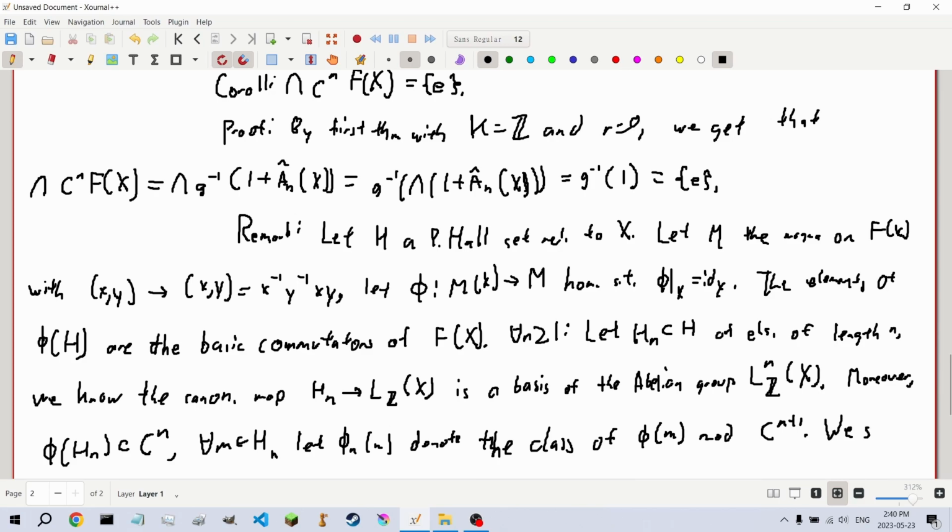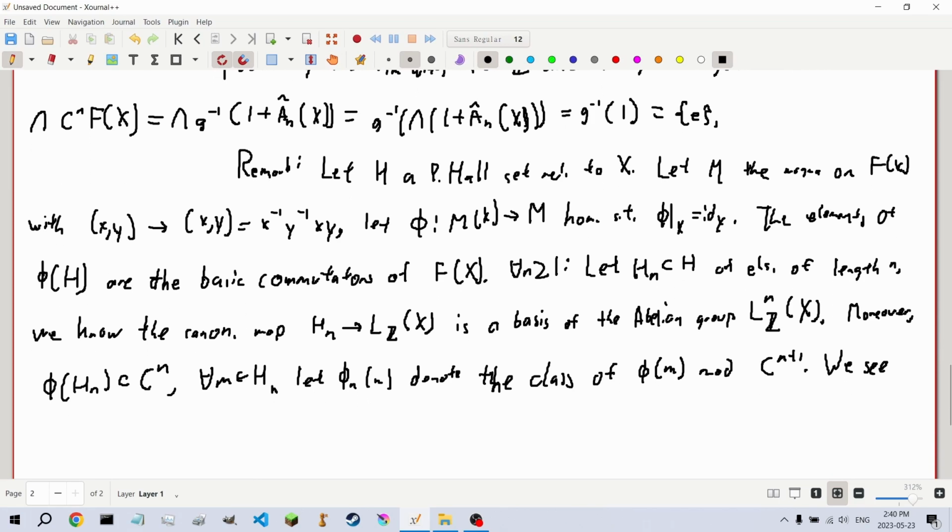We see from our second theorem that phi n is a bijection of the Hall set of n words onto a basis of the abelian group C^n over C^(n+1).